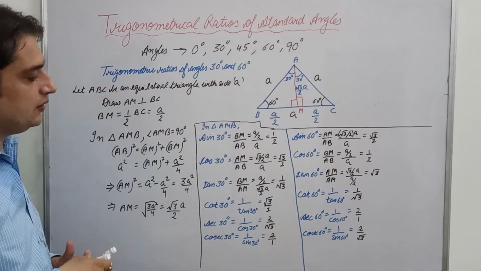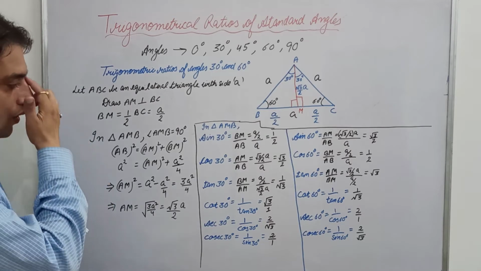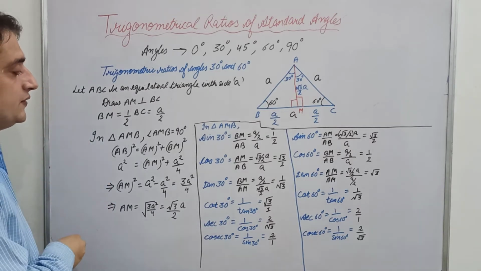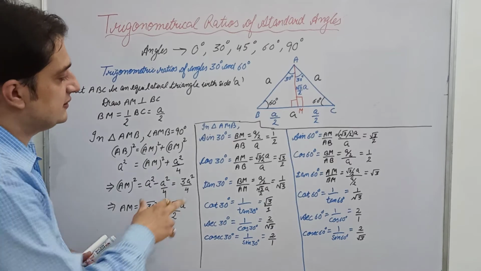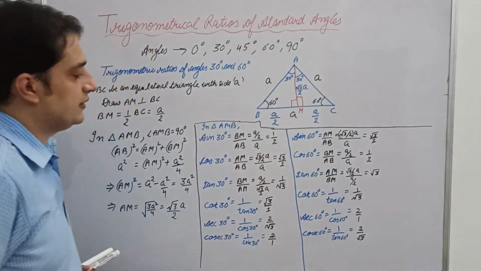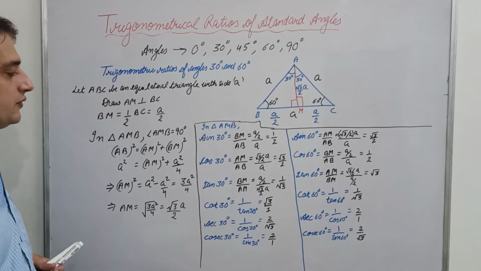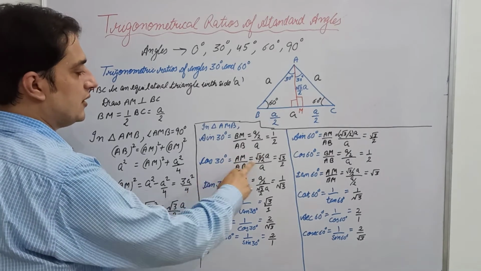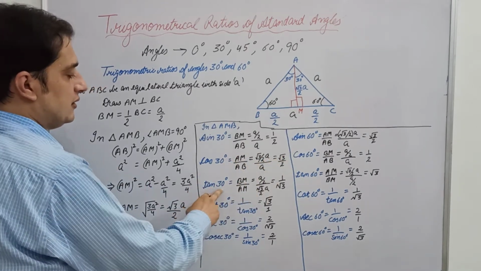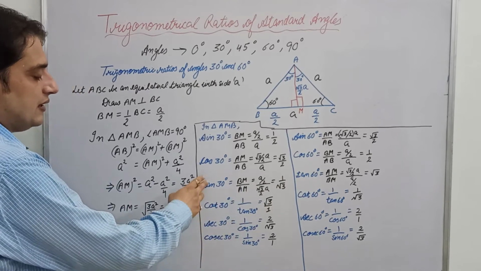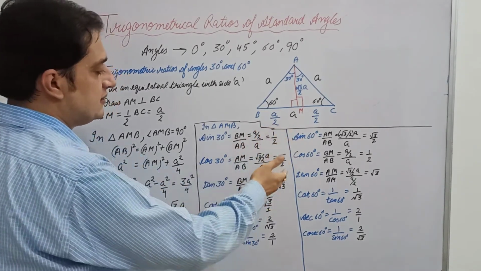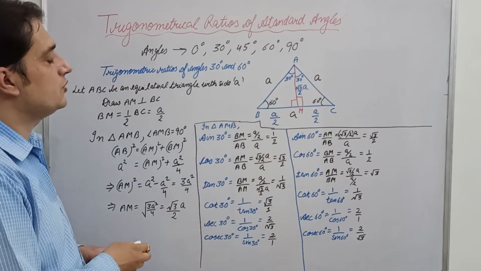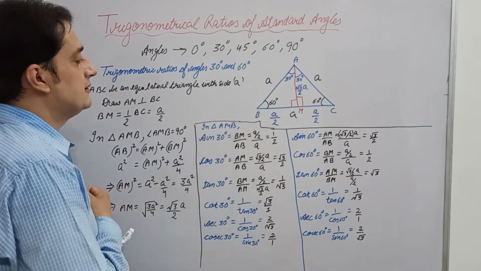So these are the values of t ratios for these standard angles 30 degree and 60 degree. Right. So sin 30 degree is 1 by 2, cos 30 degree is root 3 by 2, tan 30 degree is 1 by root 3, and similarly the values of their reciprocals, and sine 60 degree and the rest of the 5 t ratios for angle 60 degree.